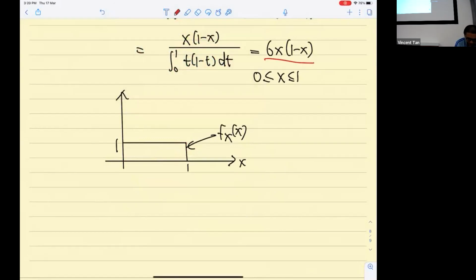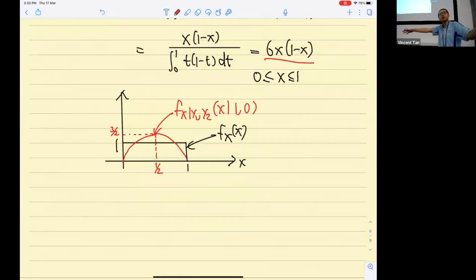This curve is a hump in the middle, and the height of the hump is 3/2. The middle here is half. This one is our f of x given y1, y2, x given 1, 0. Does that make sense? So we actually show your intuition is correct, that there's a hump in the middle, because 1, 0 reinforces our belief that x is in the middle.